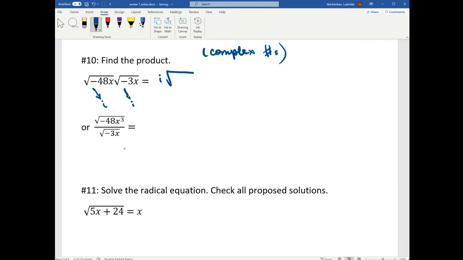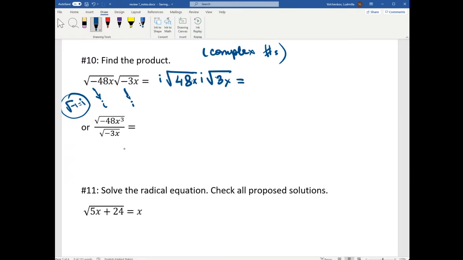The square root of -1 equals i. So we write i instead of the square root of -1, leaving only the positive numbers under the square root. And another i times the square root of 3x.